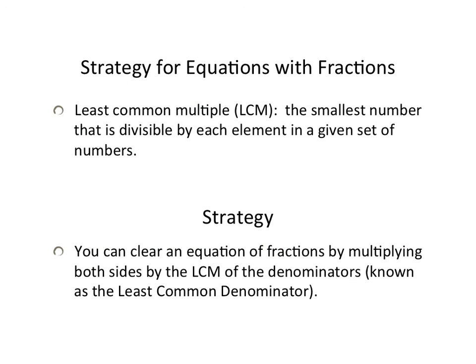So just to recap some of the terminology I mentioned during the last slide, a least common multiple is some number that is divisible by each of the things that we want. So in this case, we want the least common multiple of all the denominators, some number that is divisible by all of those denominators. And so our strategy is clearing the equation of fractions by multiplying by that least common multiple, okay?